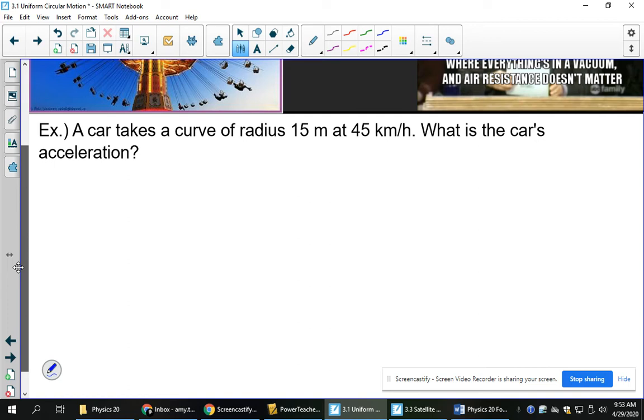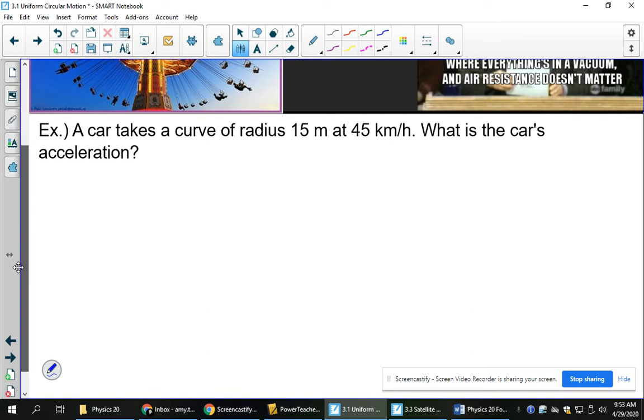Next time you drive in your car, you can take a look and see what it's doing. You can also think of this as how do you feel? If you're going around a circle in a car really fast, are you being pushed to the outer part of the car that's going around the circle, or are you being sucked towards the middle of the circle? You are feeling this fake centrifugal force.